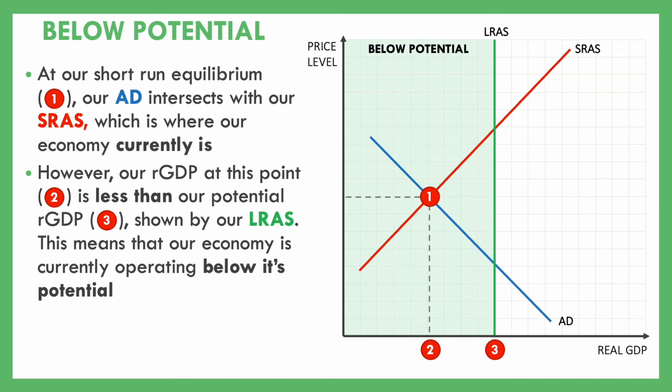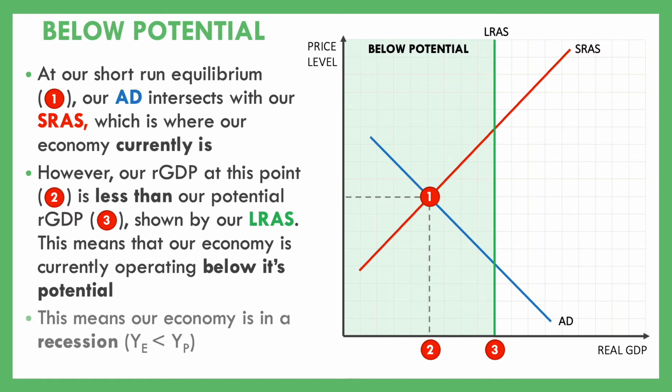That means our economy is producing at a real GDP below its potential, because point 2 on our x-axis is less than point 3. So our economy is in a recession, because our output at equilibrium, YE, is less than our output at potential, YP.